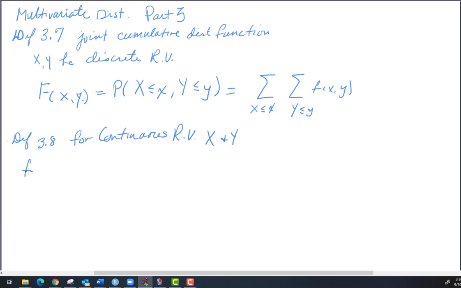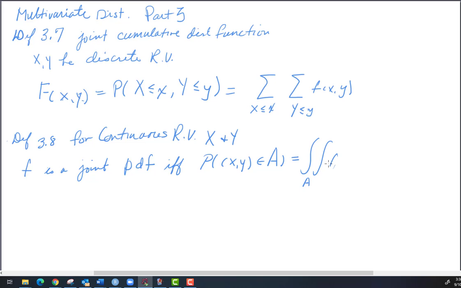So for continuous random variables x and y, f is a joint PDF, probability density function, if and only if the probability that the ordered pair x, y is an element of some region A is equal to the double integral over the two-dimensional region A of f of x, y dx dy.